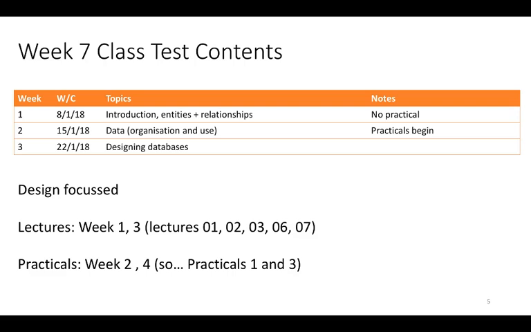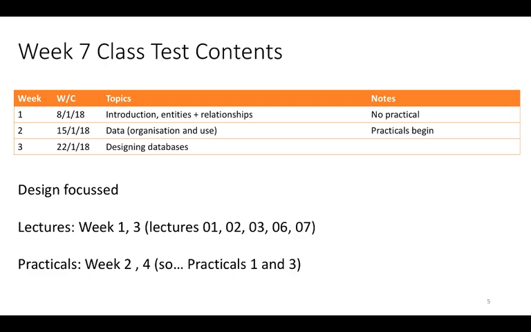Let's try that again. The first part of the test will be entity mapping. So probably some textual description, identify the entities, map them. We will also be doing some normalization. There'll be some ER diagrams, and there'll be some data types. So it will basically be what you've done in the practicals in terms of design.